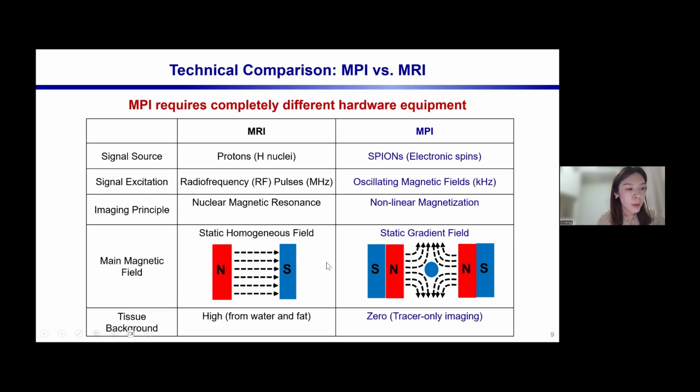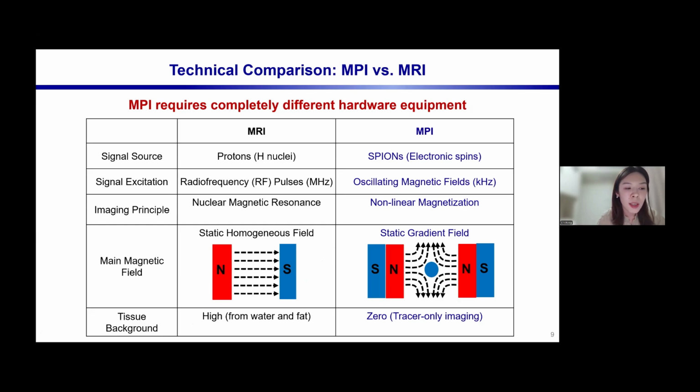One of the most striking differences is the background. While MRI provides excellent anatomical details, it has a high background signal because there's water everywhere in our body.